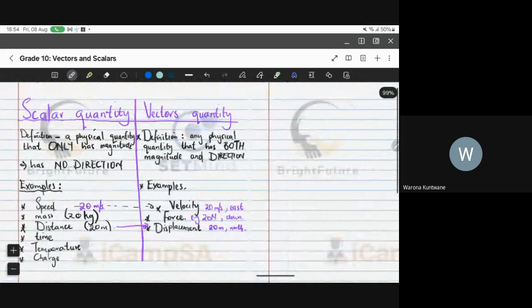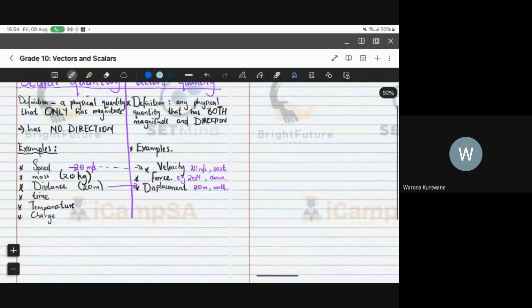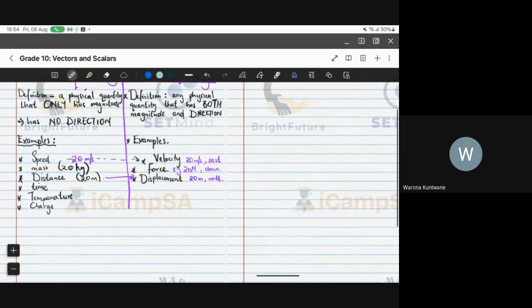Always remember that. Right, so for example, let me show you a quick example of how distance and displacement actually are not the same. This is point A, this is point B, right? Stay with me. So if you move from point A to point B, and let's say that they are about 20 meters apart, that would be the distance, right?